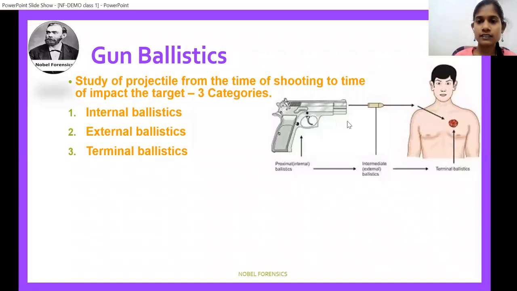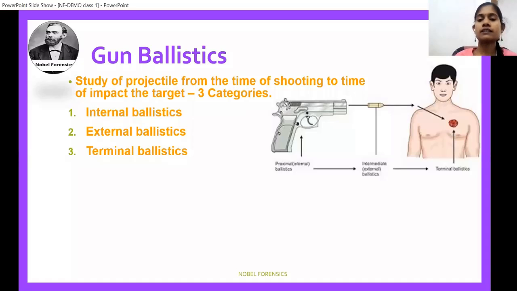Then external ballistics means from the time it is released from the barrel until it reaches its target. When the bullet is in the air, that is external ballistics. Then terminal ballistics is when it reaches the target. Terminal ballistics is again of two types: transitional ballistics and wound ballistics.